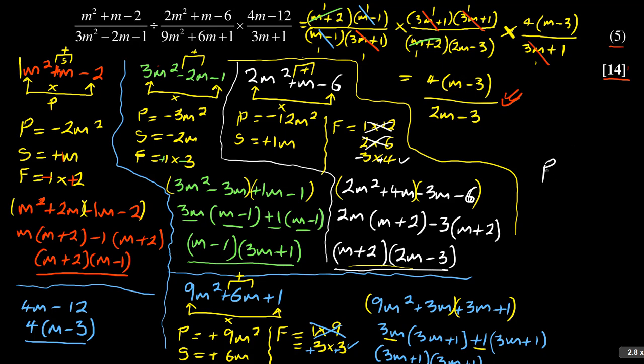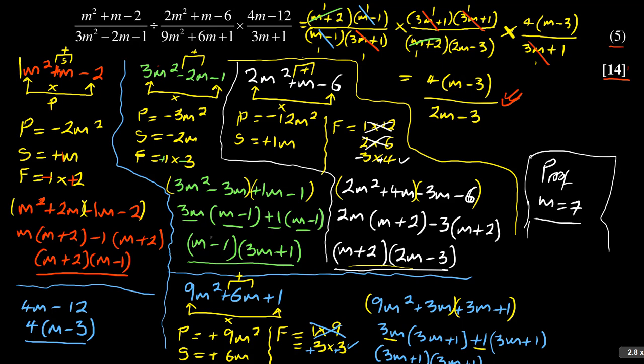So I'll write proof. Now on my proof, I can choose to say let m be equal to, let's choose just a simple number. Let m be equal to maybe 7.